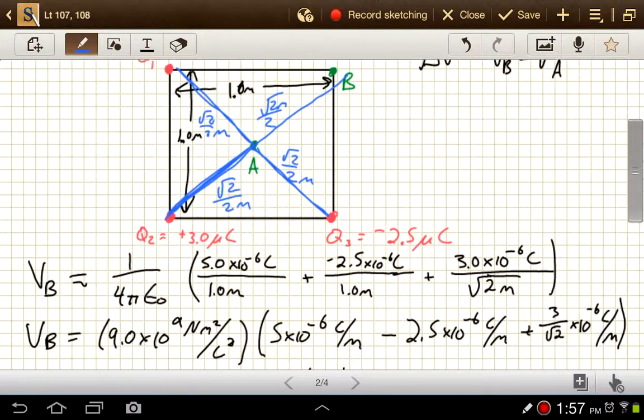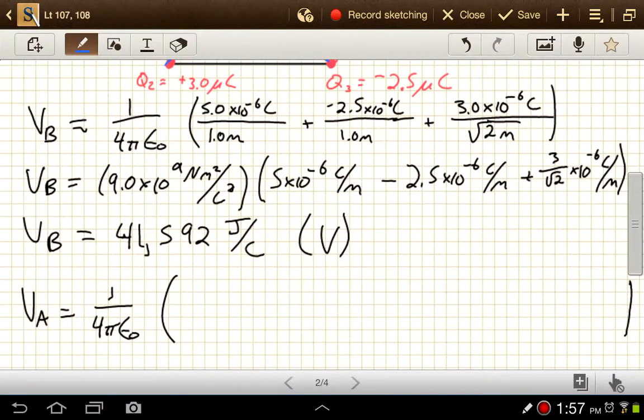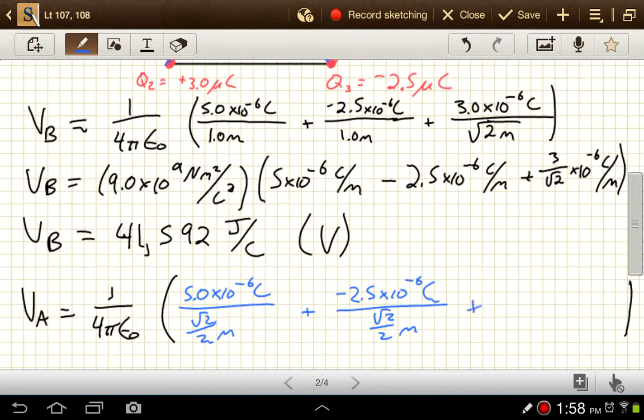So all of these are square root of 2 over 2 meters. Now we've got 5.0 times 10 to the negative 6 coulombs divided by square root of 2 over 2 meters, plus a negative 2.5 times 10 to the negative 6 coulombs divided by square root of 2 over 2 meters, plus 3.0 times 10 to the negative 6 coulombs divided by square root of 2 over 2 meters, and end our parentheses.